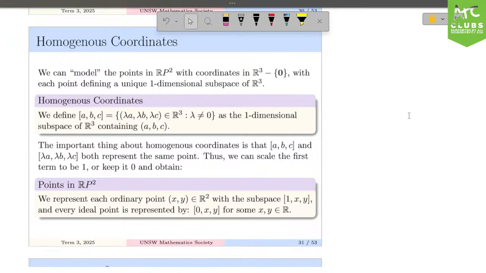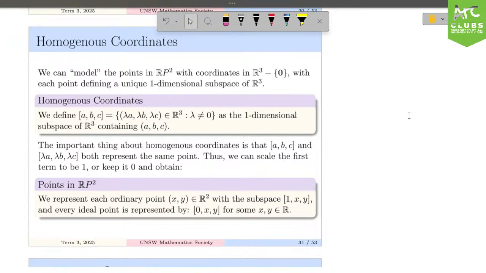We can also visualize this another way, as visualizing points in the projective plane as subspaces of R cubed, where we have some point defined by an equivalence class in homogeneous coordinates. This is equal to the span of vectors x0, x1, x2.